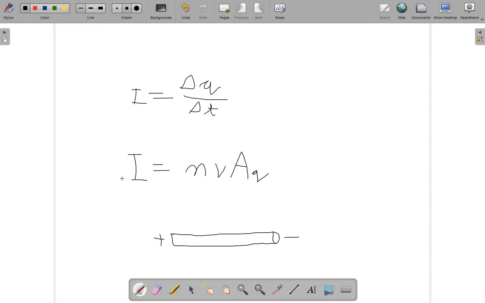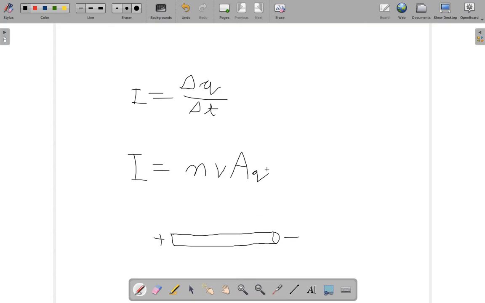And if you want to calculate the current over here, you can either use the change in charge over the change in time, or you can use nvAq, where n is the number of electrons present in this, v is the electron drift speed, which will be given in the question, and I think it's also in the data booklet. A is the cross-sectional area, which means this area over here, and q is the charge per charge carrier.